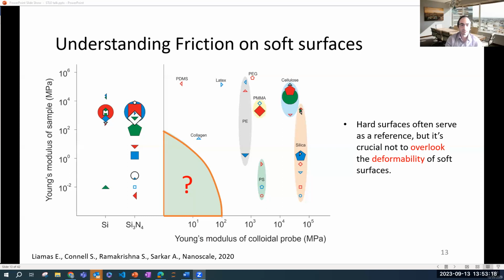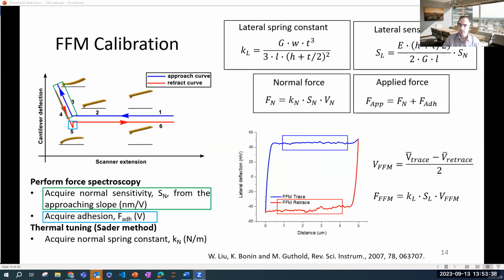While hard surfaces often serve as a reference, it's important to emphasize the unique characteristics of soft surfaces, for example their deformability, which plays a significant role in frictional behavior. By using hard surfaces, you sometimes overlook the importance of deformability in friction in those systems.